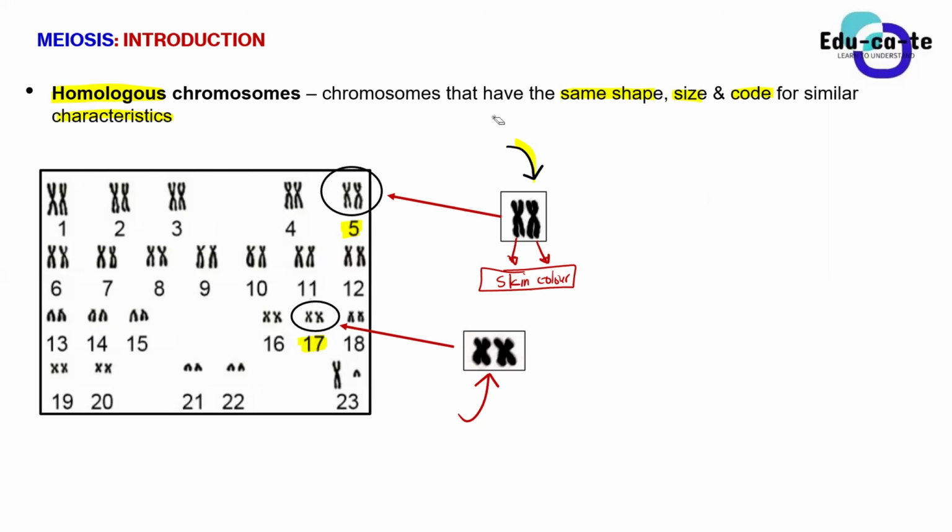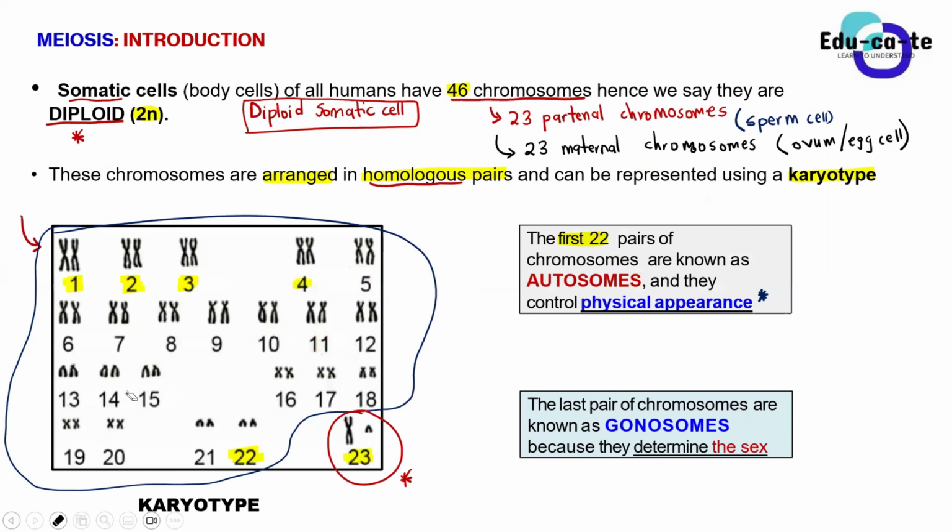So this process is the same as DNA replication? Yes, it's the same, because chromosomes are just DNA, and this DNA is coiled on a protein.